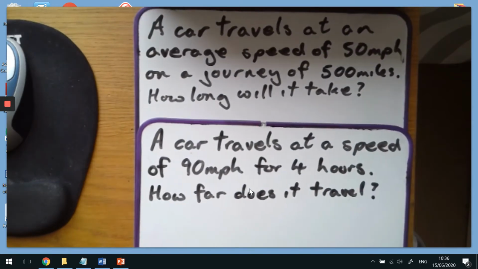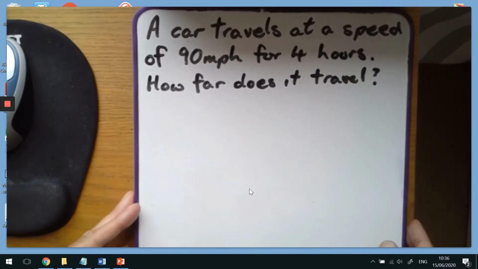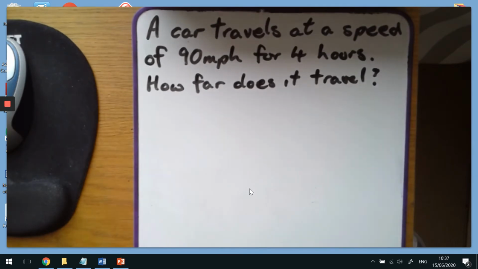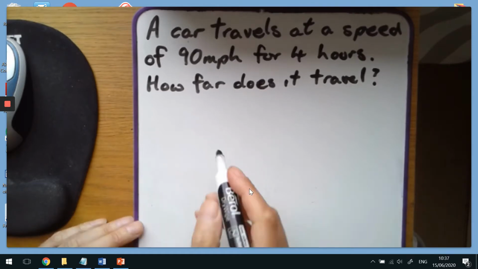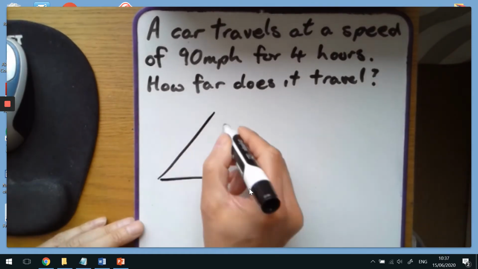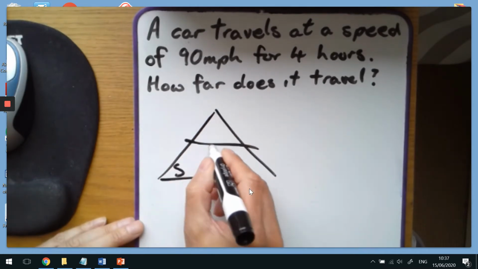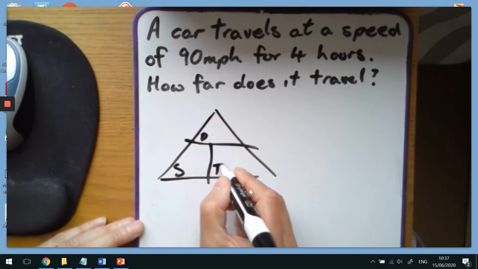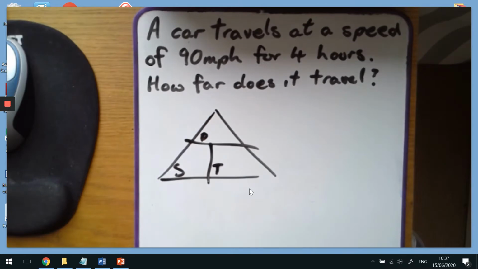We're going to take the approach of using ratio tables. You will see, if you look in revision books and on the internet, a lot of people using things like this: speed, distance, and time. My recommendation on this is don't.